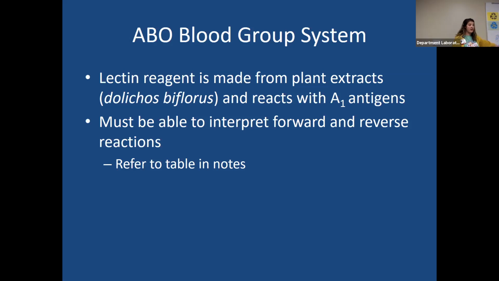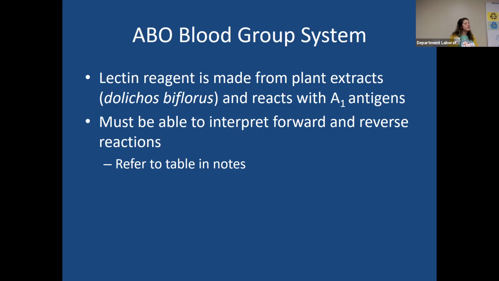So they will not react with A2 cells in the reverse typing. Only types B and O will ever react with A2 cells, okay? Why will B react with A2 cells? Yeah, they lack the whole A1 antigen, so they're going to build the antibody to it, right? Same thing with your O patients. They lack the antigen, so they're going to build the antibody, right? That's why B and O only react with A2 cells.